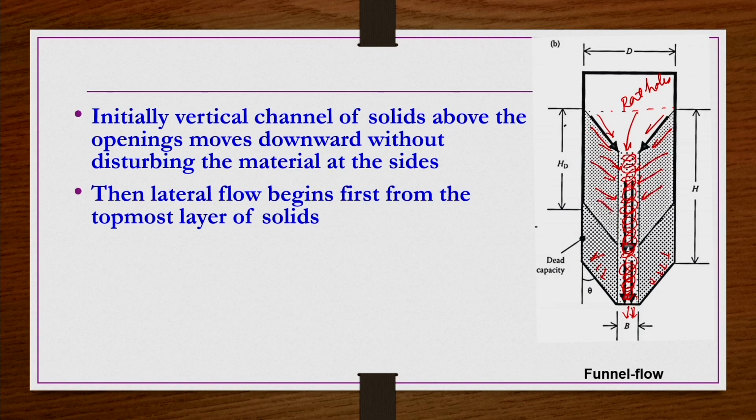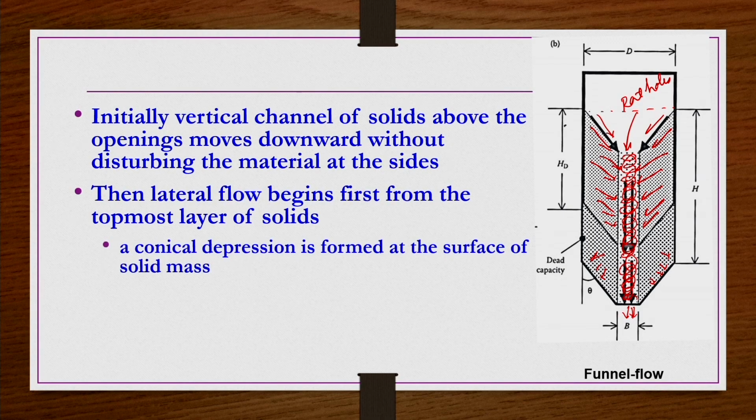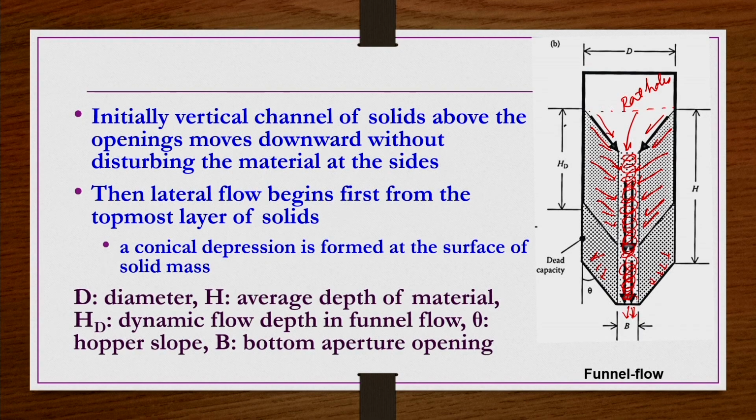So like this they flow out, and the material goes out like this. Okay. So there will be a conical depression at the surface of the solid mass. Here again, d is the diameter, h is the average depth of the material, hd is the dynamic flow depth in funnel flow, theta is the hopper angle, and beta is the aperture opening, right.